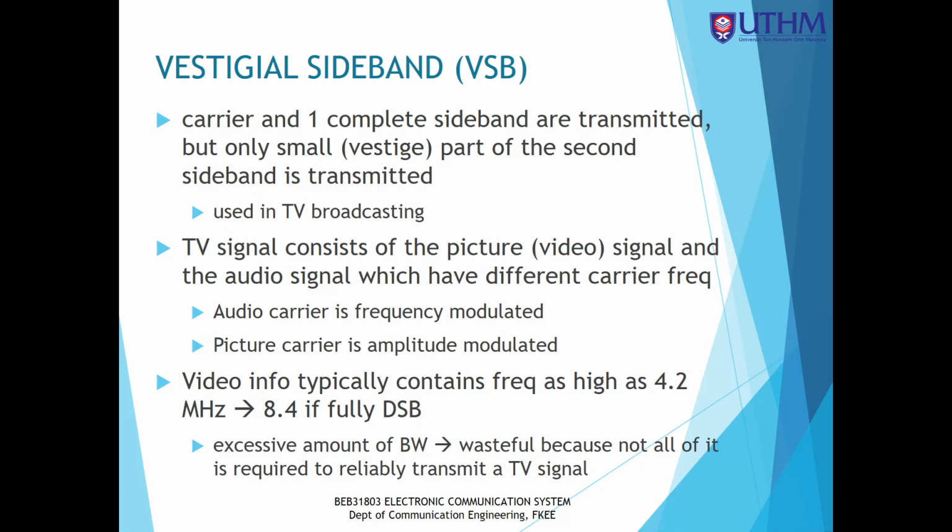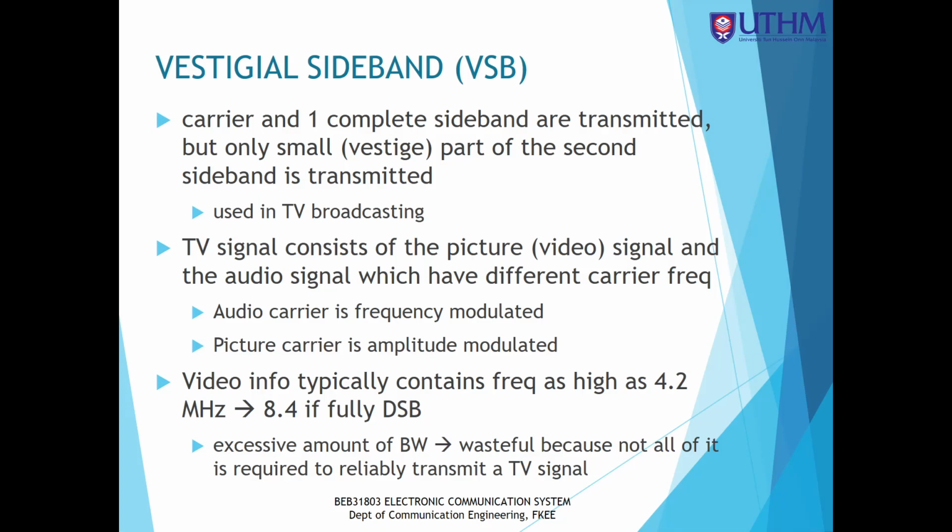And then the last one is the vestigial sideband, VSB. In the vestigial sideband, we still have double sideband, the lower sideband and also the upper sideband, and also we have the carrier component. But this time you're going to see later that the lower sideband and the upper sideband are not equal.